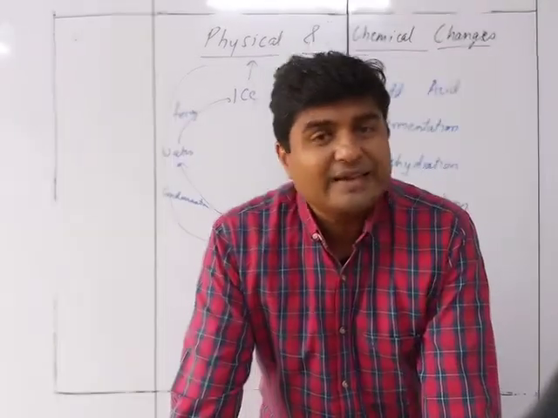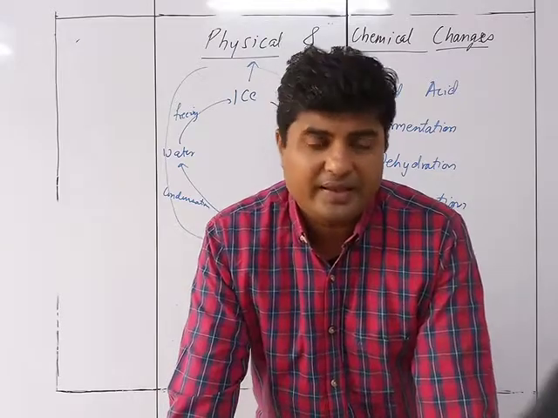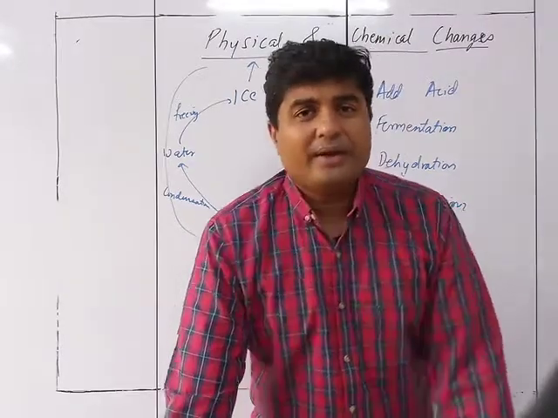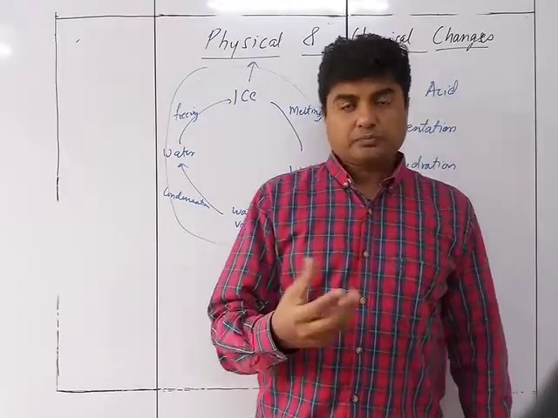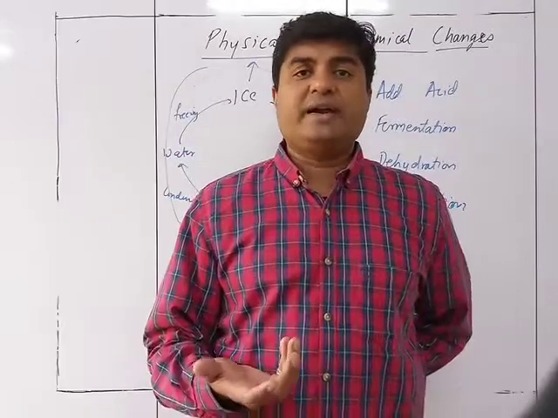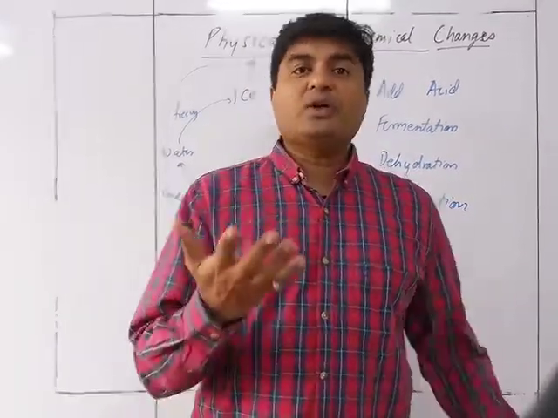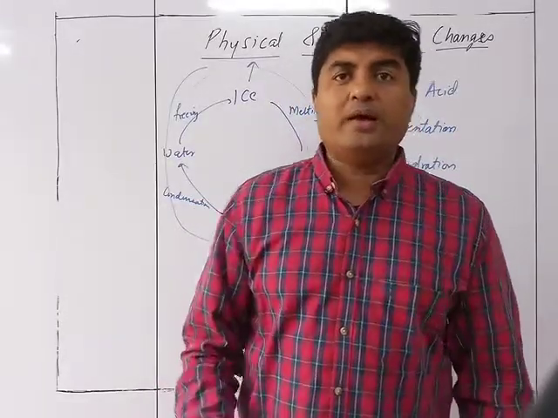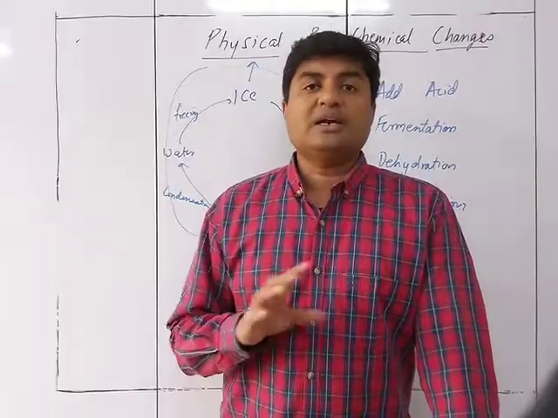So what is the rusting? It is nothing but the reaction of iron with oxygen present in the air. So iron, when it reacts with the oxygen in the air in the presence of moisture, gives rise to iron oxide. So this iron oxide is nothing but the rust. And this iron oxide cannot be converted into iron, and that is the reason we do not support the rusting to take place.